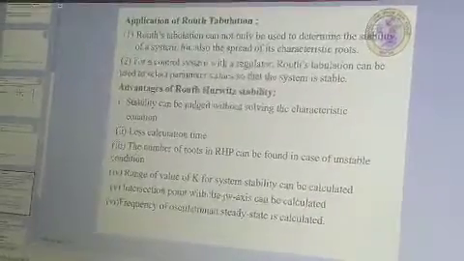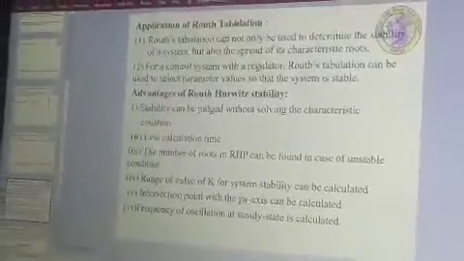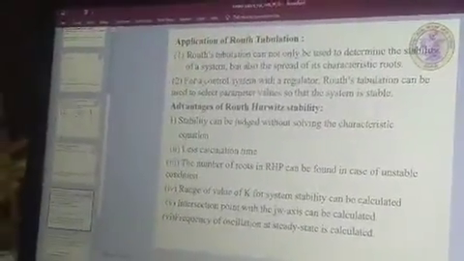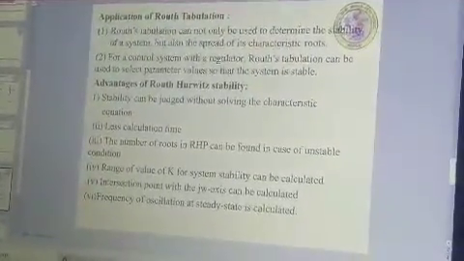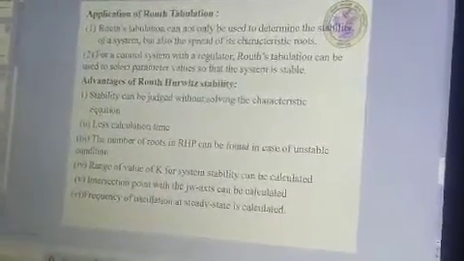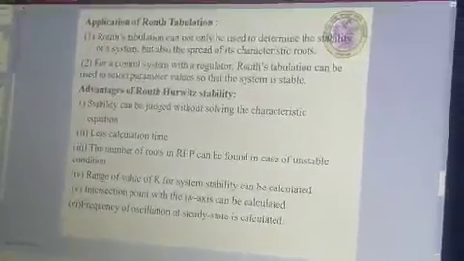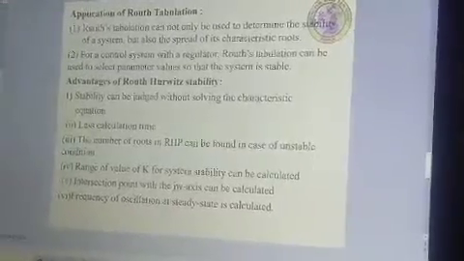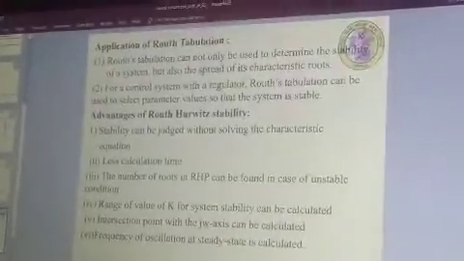Now, what are the applications of Routh tabulation? As you've seen already, Routh tabulation can not only be used to determine the stability of a system, it is also used to find the spread of its characteristic roots.